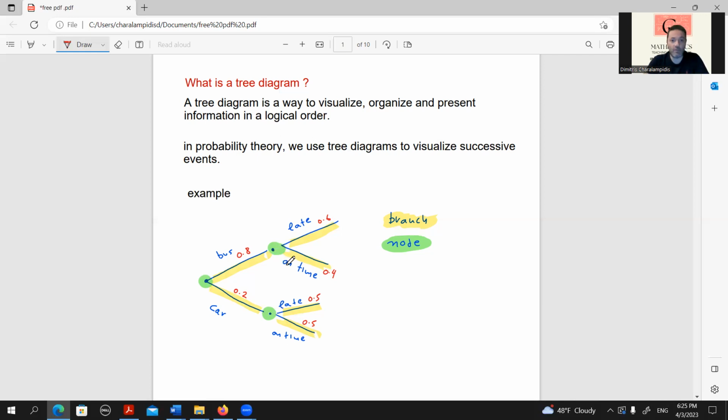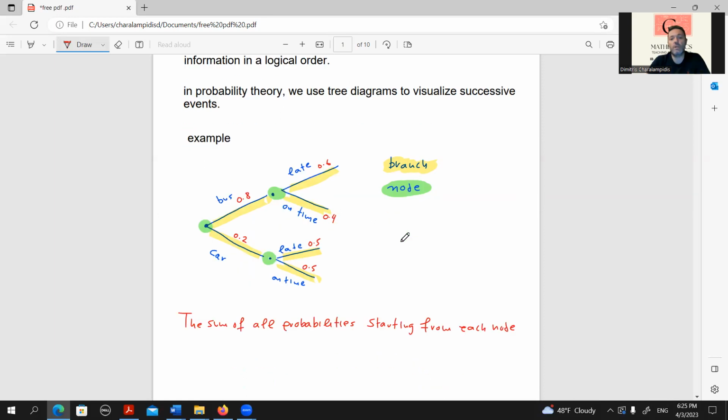Finally, before we finish with this quick presentation, let's note something. You can clearly see that the sum of all probabilities starting from each node is always equal to 1.